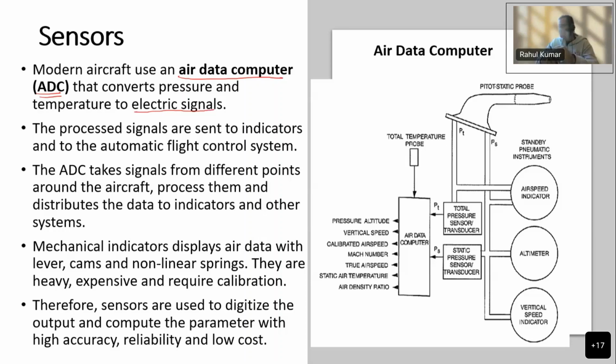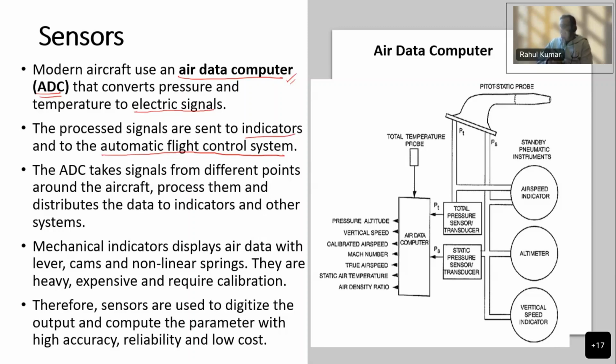Then the processed signal is sent to the different indicators and automatic flight controller. So this computer will collect all the air data from the sensors, then process it and send it to the indicators and automatic flight control system in the modern aircraft.